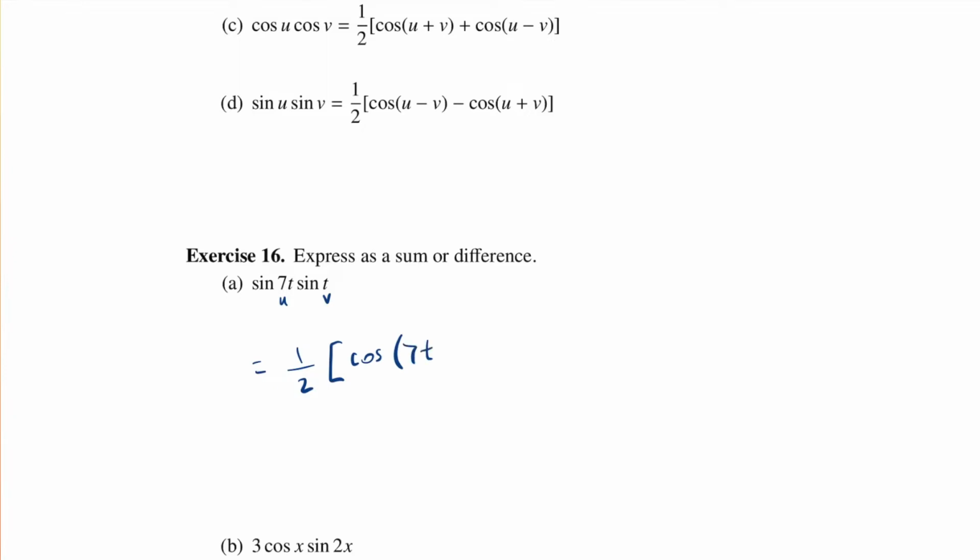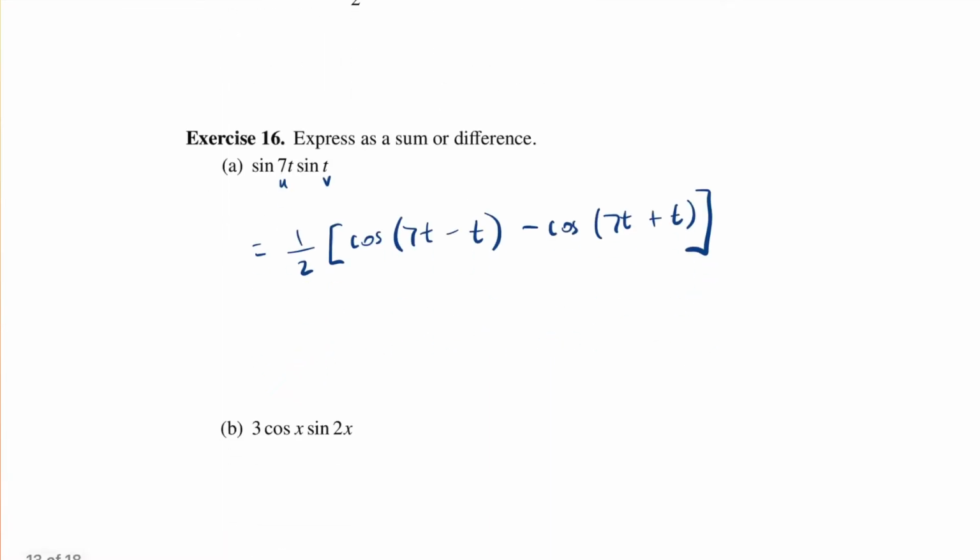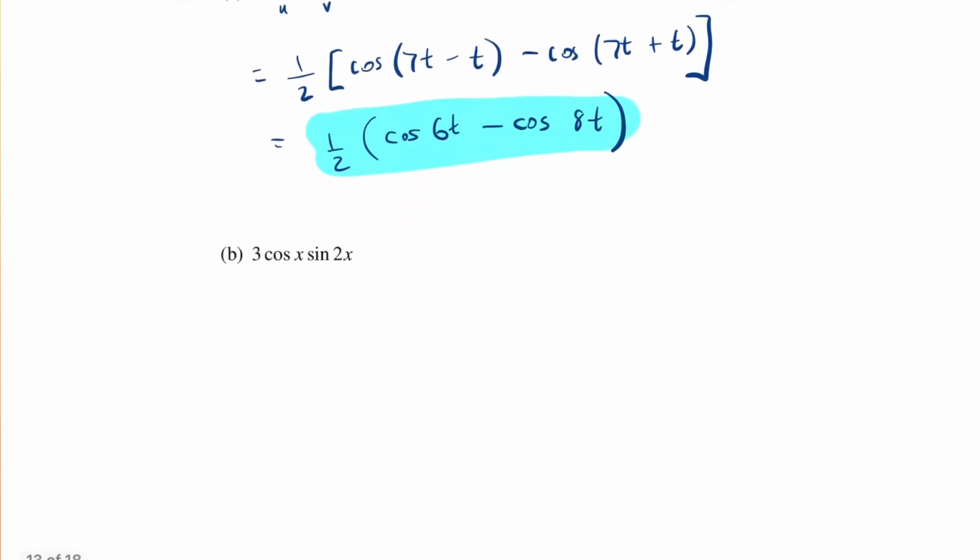So we can apply the formula cosine of u minus v minus cosine of u plus v. And now all we've got to do is simplify. So we're going to have cosine of 6t minus cosine of 8t, and that is our final answer. We've expressed it as a sum or a difference.